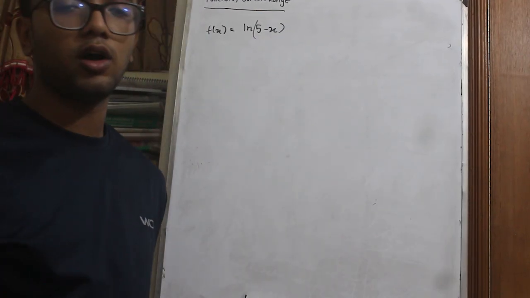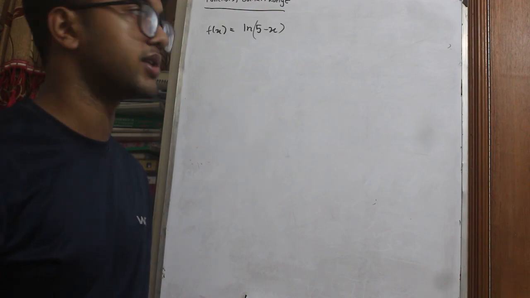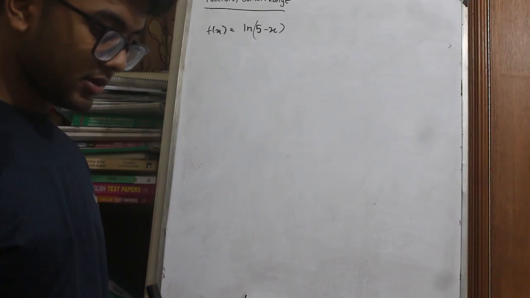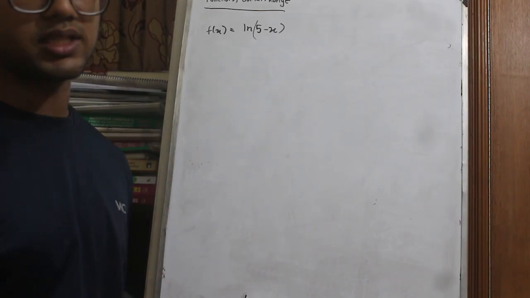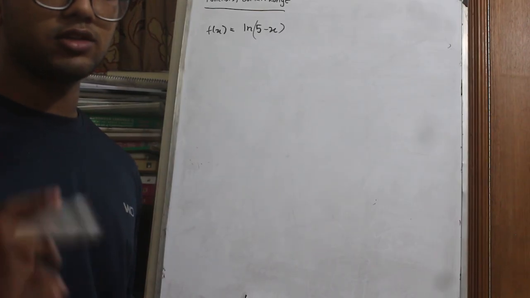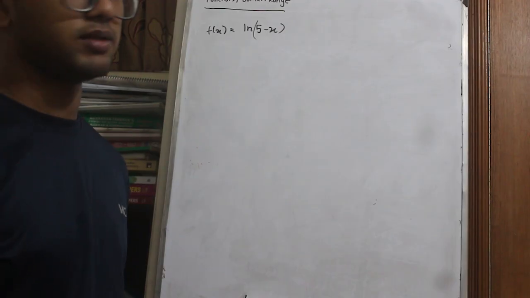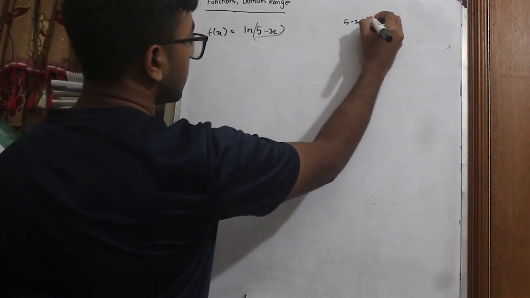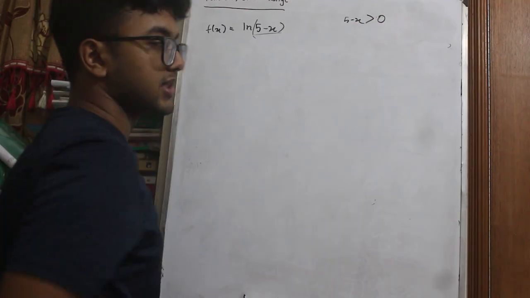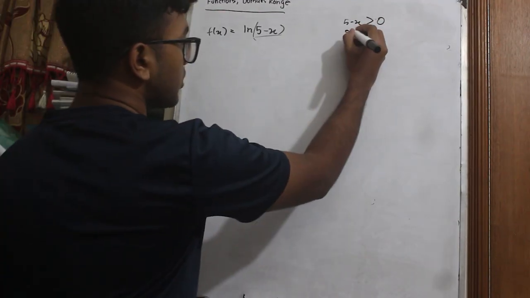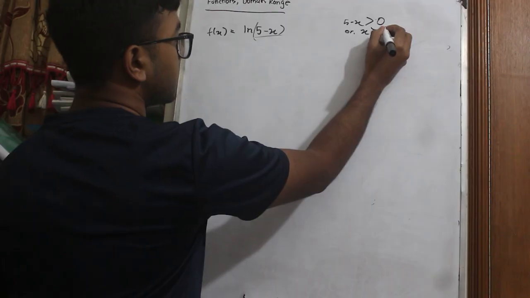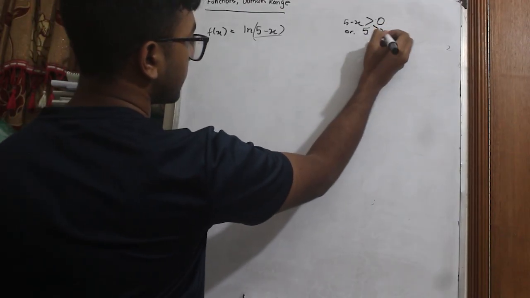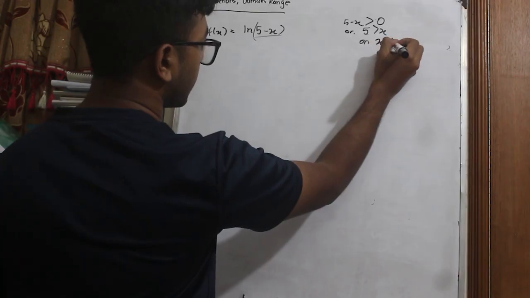A condition of log, or natural logarithm, is that its argument cannot be 0, and it cannot be any negative number. So the condition for log is that 5 minus x has to be greater than 0, because it does not accept any other values, or x is smaller than 5.